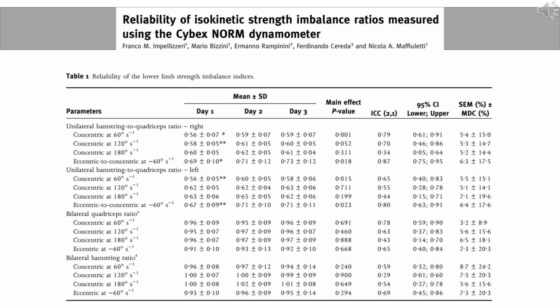So at 60 degrees per second, which is quite force orientated and at a relatively slow speed, you can see we've got ICC values of 0.79, which is good, 0.65 moderate, 0.78, which is good, and 0.59, which is moderate. However, once we start getting up to 180 degrees per second, 0.34 is poor, 0.44 is poor, 0.43 is poor, and 0.54 is barely moderate.